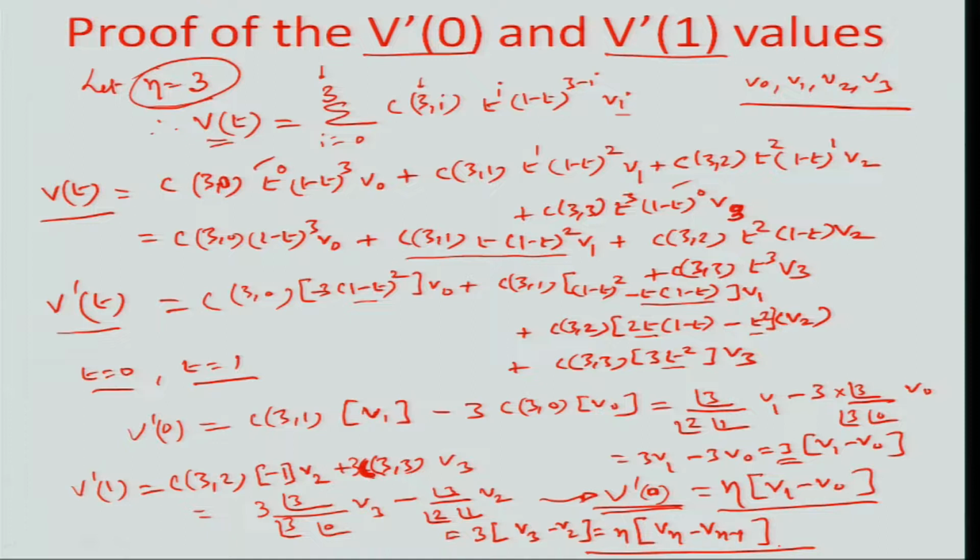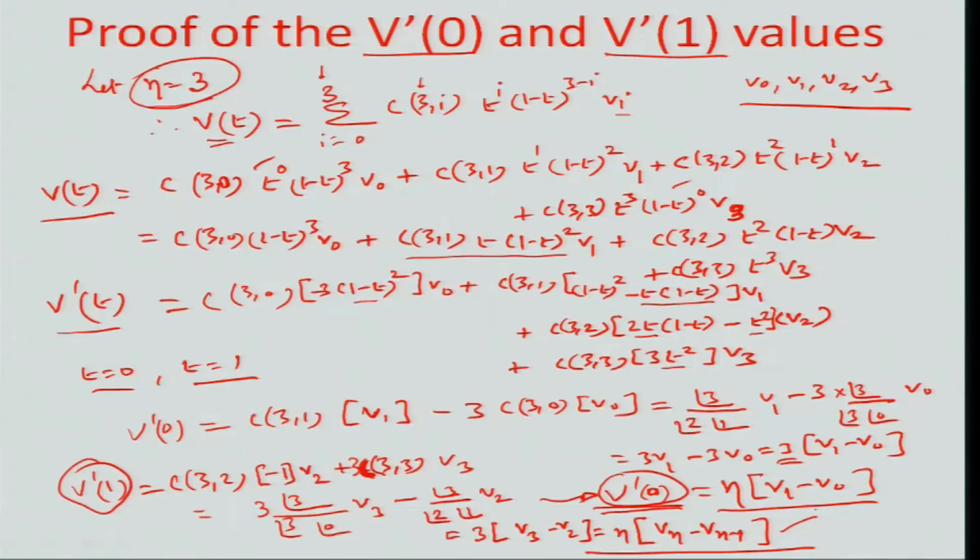So, as you can see here, v dash 0 and v dash 1, corresponding to the first point and the last point of a particular curve section, in one case are equal to n times of (vn minus v n minus 1), and in another case equal to n times of (v1 minus v0).